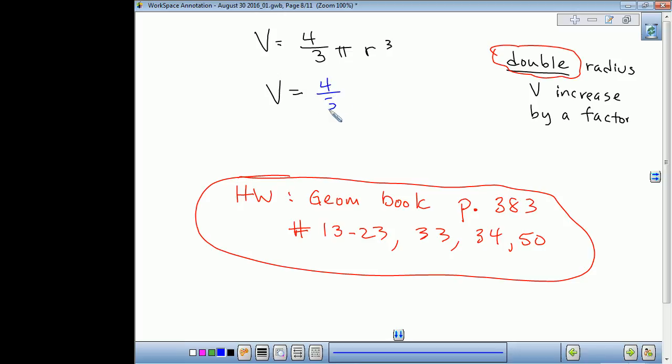In volume, that dimension gets cubed. So if we double the radius, what is 2 cubed? 8. So the volume becomes 8 times greater than the original volume. Do y'all see that? So doubling the radius would increase that volume by a factor of 8.